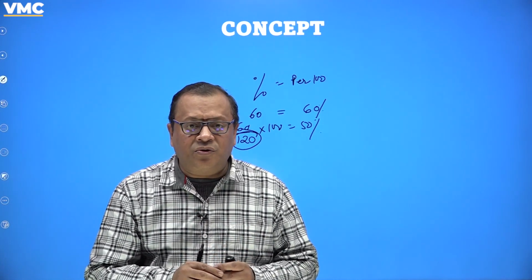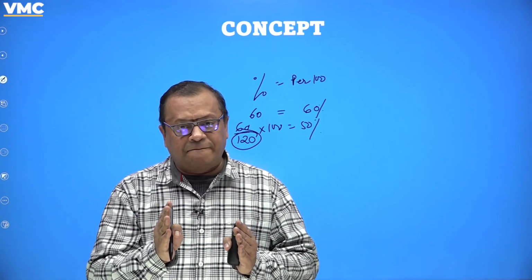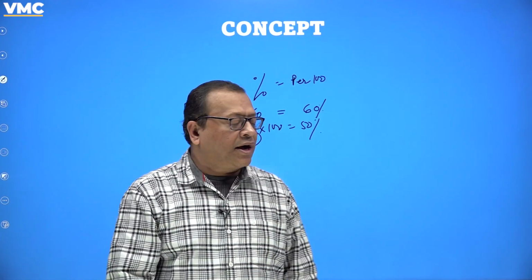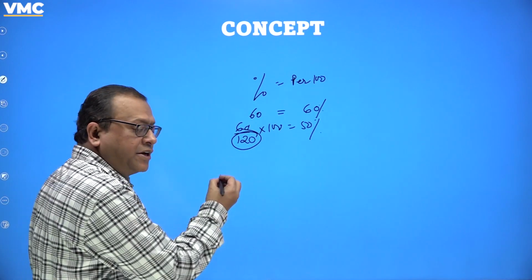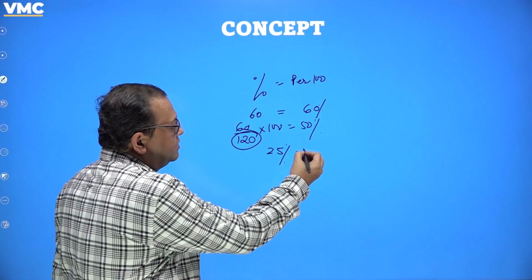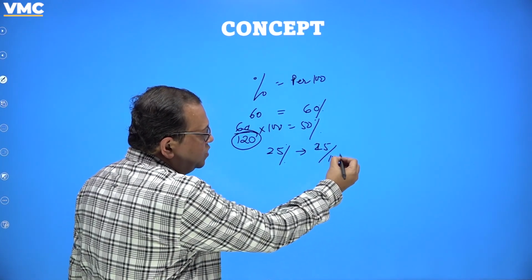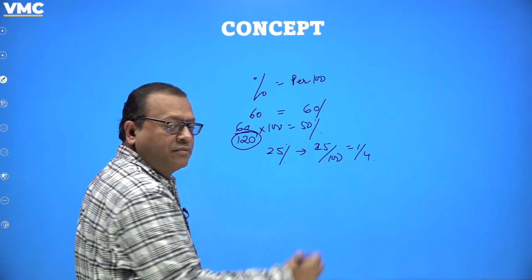Now you should also know how to convert percentage values to fraction values. How do you do that? Just by dividing it by 100. So 25% means 25 by 100, which is equal to 1 by 4.